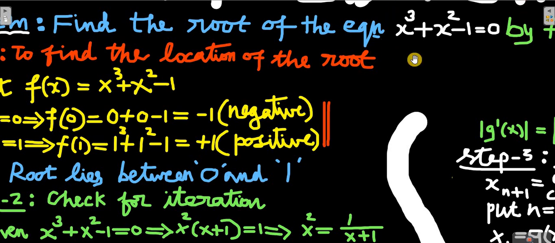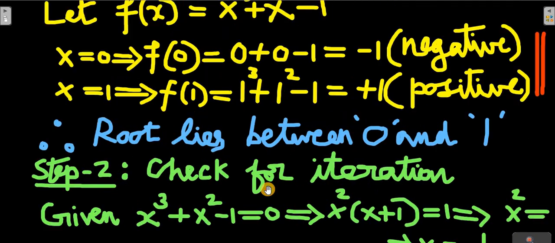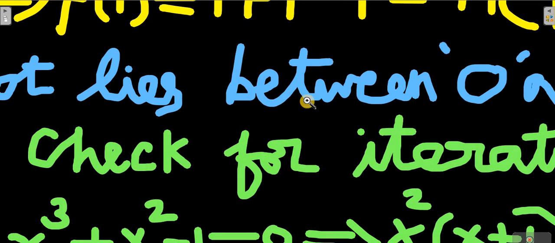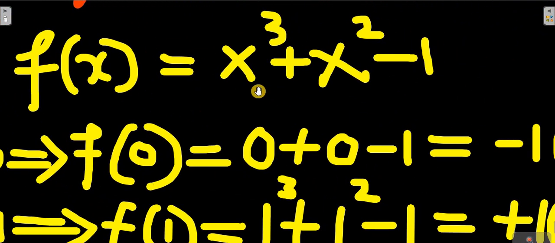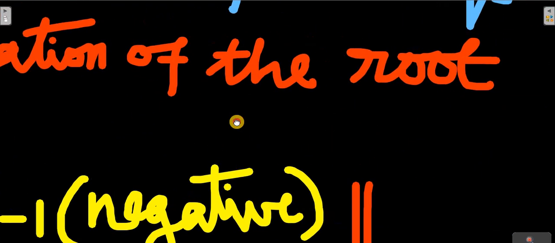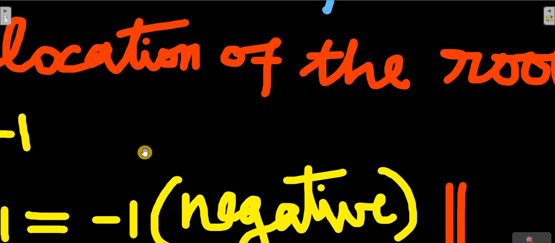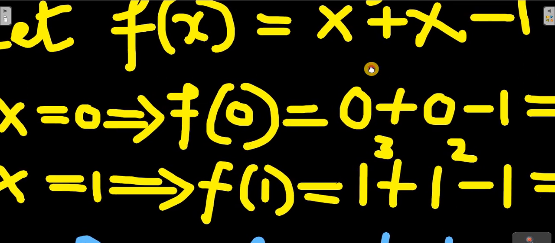Now our first aim is to find the location of the root. For that we are substituting x equals 0.